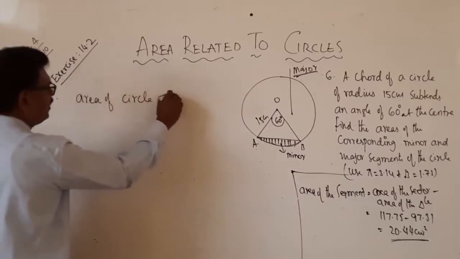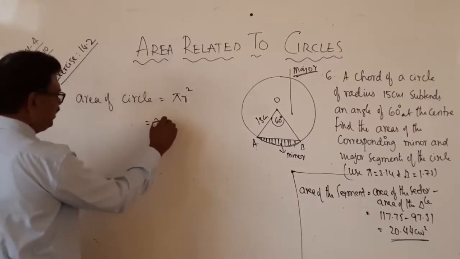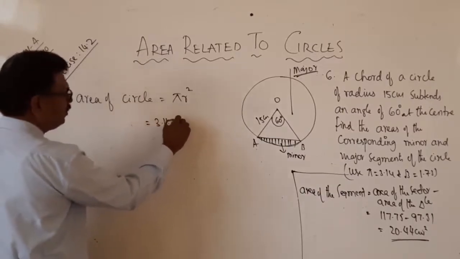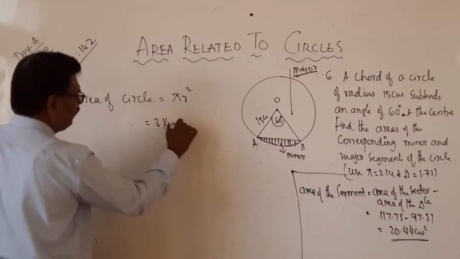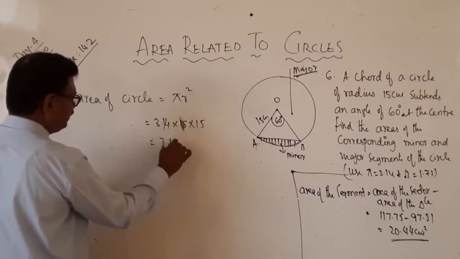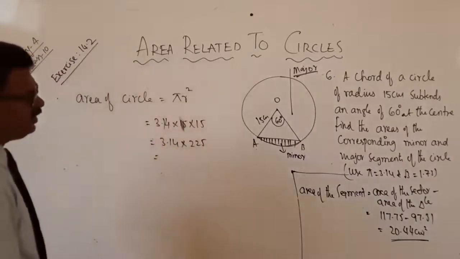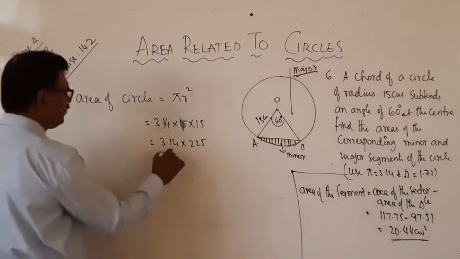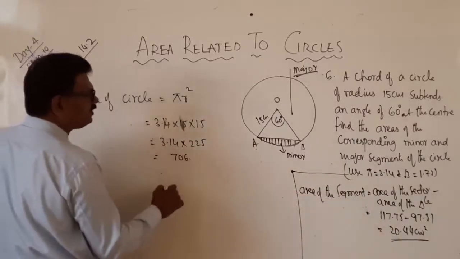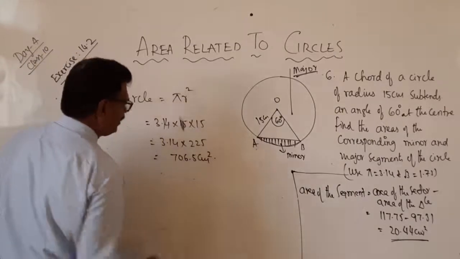What is the formula? Pi r square. So it is nothing but 3.14 into 15 into 15. That is 3.14 into 225. Therefore, how much will it come? Around 706.5 centimeter square.